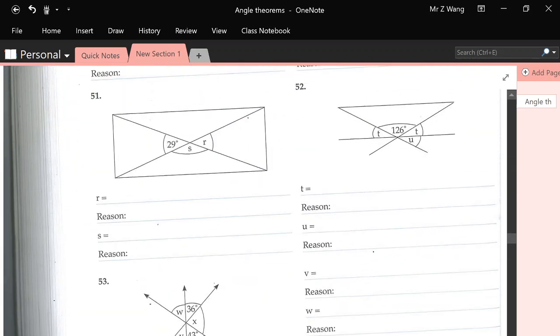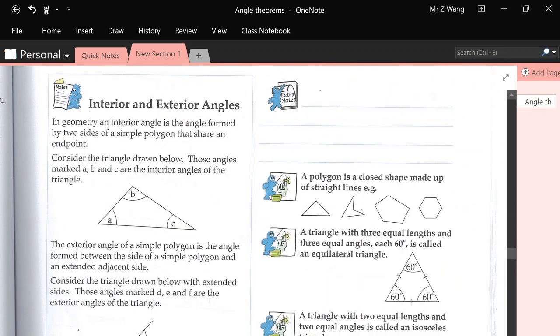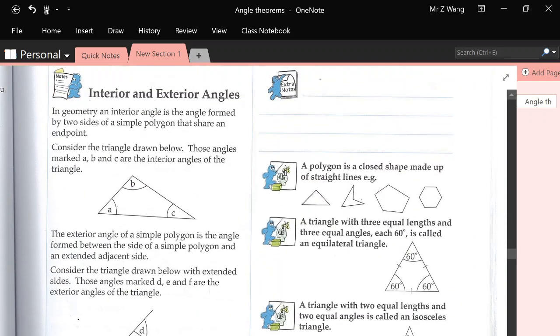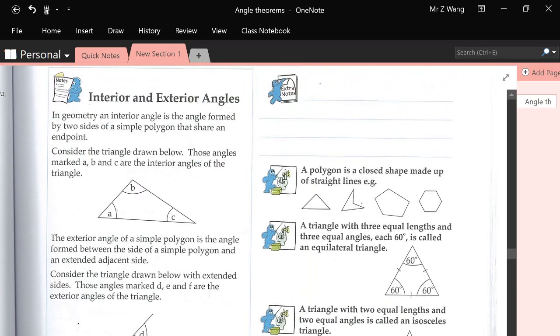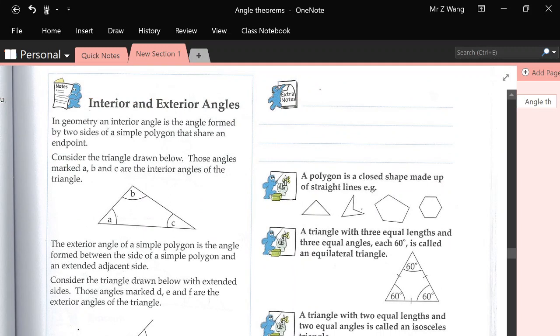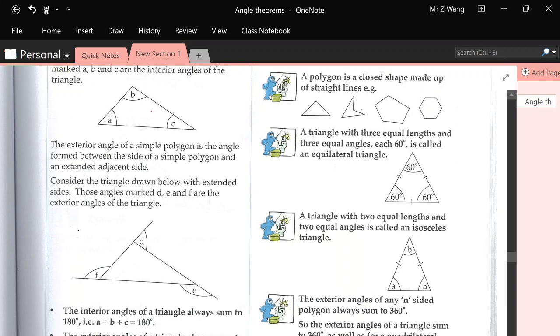Now let's just move on to some of the interior and exterior angles. Now this is a triangle. You need to know that the sum of the three angles, the inner corners, adding them up, is 180.